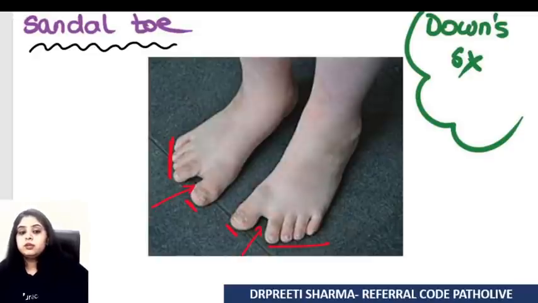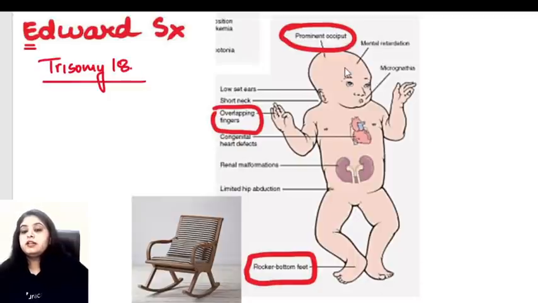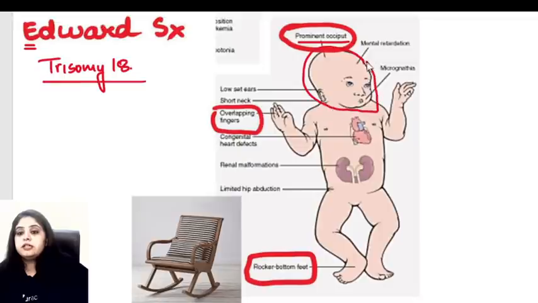What about the others? What about a case of, say, Edwards syndrome? I hope you all remember, E for Edward, E for 18. So trisomy 18 is Edwards syndrome, and this is a classical profile of a child with Edwards. Over here, starting from the topmost, the back side of the head is very prominent. The occipital region is very, very prominent.